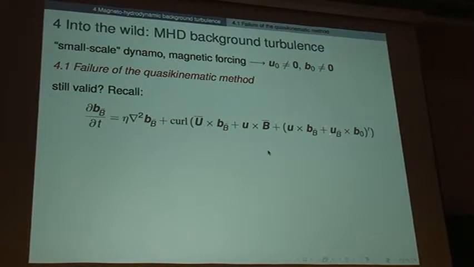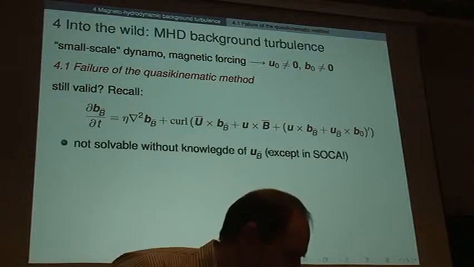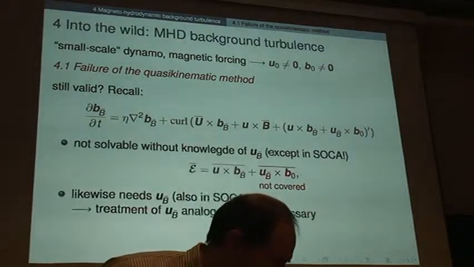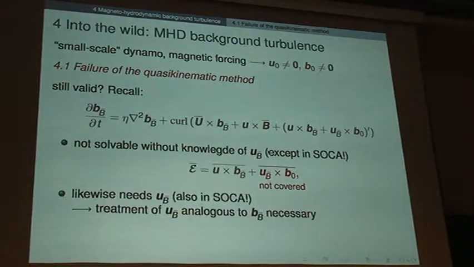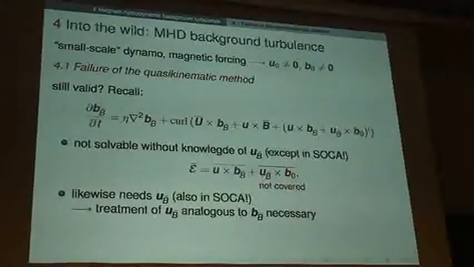But at this point it breaks down because you need something more. The u alone is not sufficient. You need this uB. Another observation is that if you consider the mean electromotive force, again, the first term is fine. It employs the velocity taken from the DNS and the solution B̄, but the second term, which occurs now, is not covered, and we would again need knowledge about its uB.